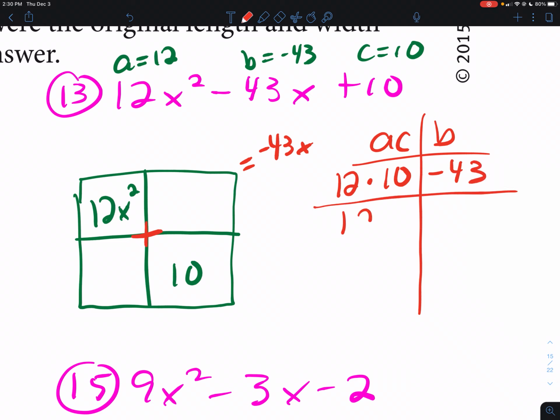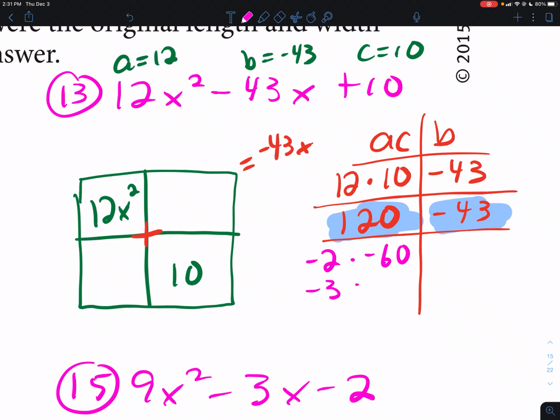So I need factors of 120 that add up to negative 43. Now, since the number that we're factoring is positive and the number that's our sum is negative, that means both of our numbers are going to be negative. And so, like I've said before, you can just do process of elimination and work through it in order until you find something.